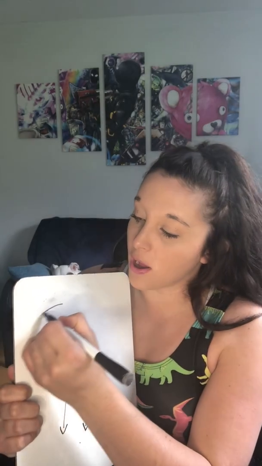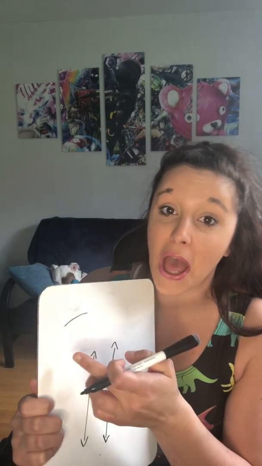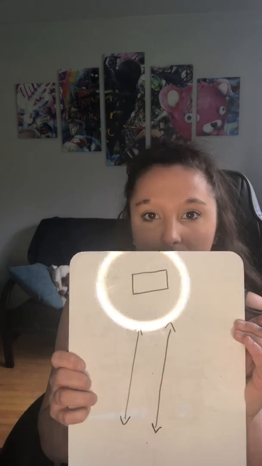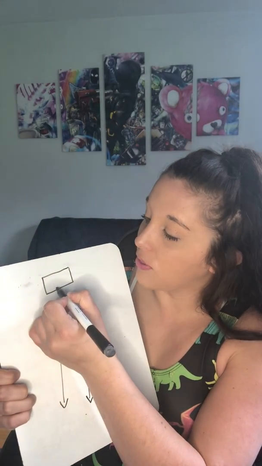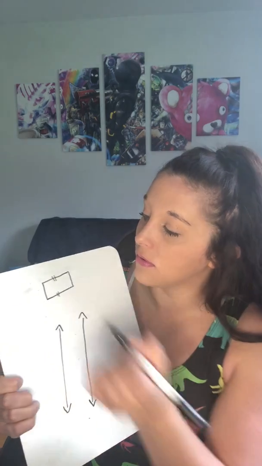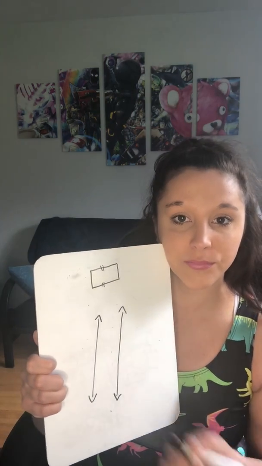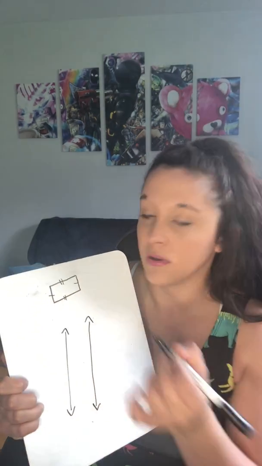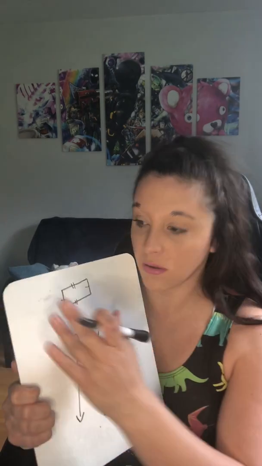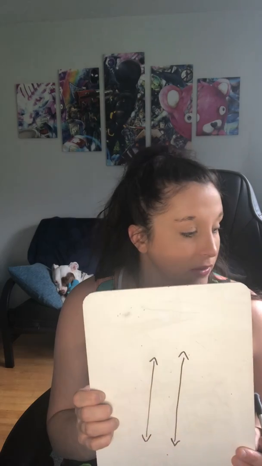It's like if you draw a rectangle now, because I obviously did not do equal lines. These two would be parallel, and so would these two. So these are parallel lines.